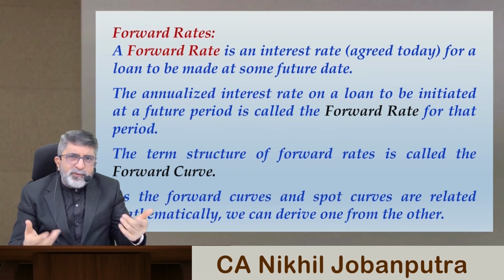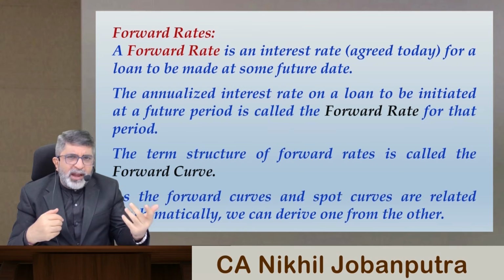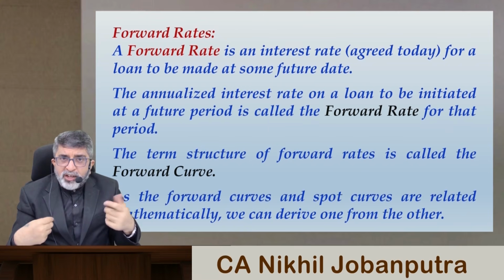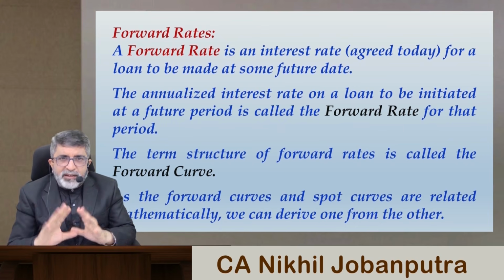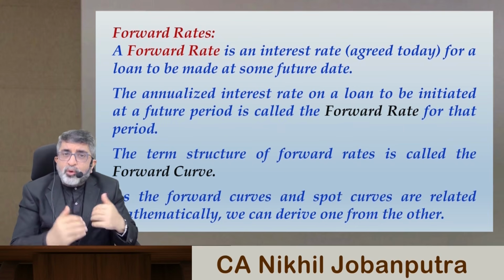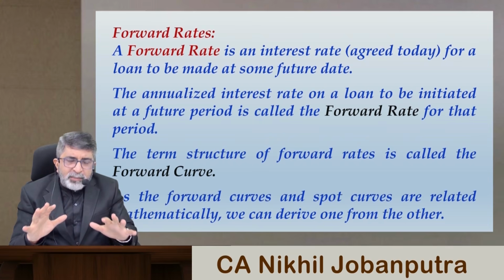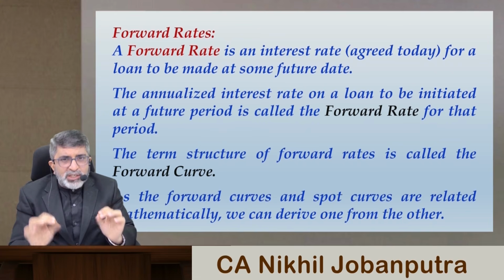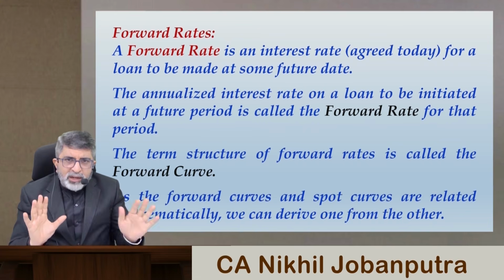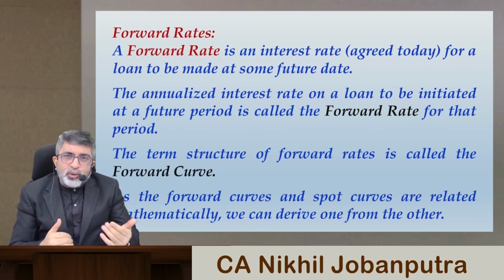Likewise, if I give you information about forward rates and maybe 1 or 2 spot rates, you can find the other spot rate. They are mathematically connected. How they are connected and how to derive one from the other, we will be observing through a logically derived equation, and soon we are going to get started with those calculations.